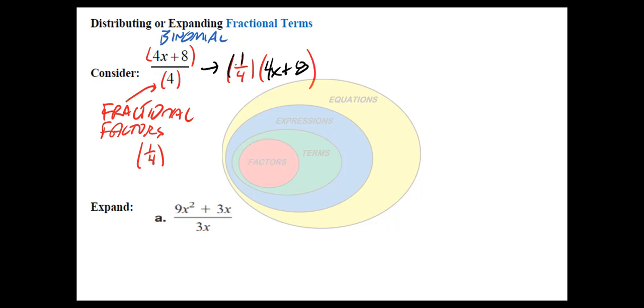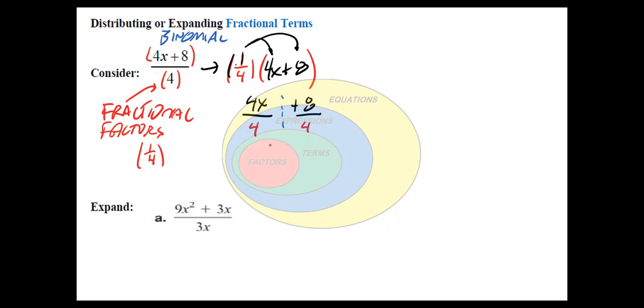So when this gets distributed, the 1/4 factor could be rewritten back as a fraction. When we distribute to the first term, we would have 4x over that factor of 4. And the second term, when I distribute, would be the 8 over that factor of 4.